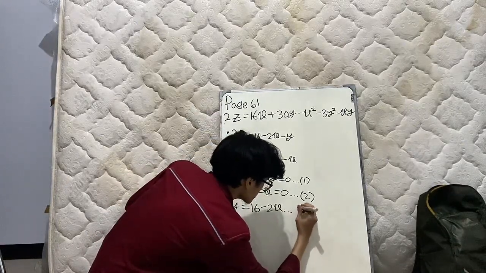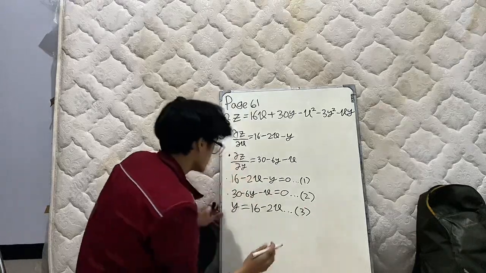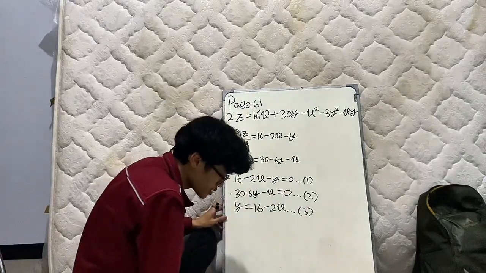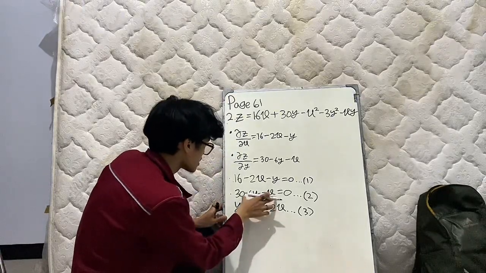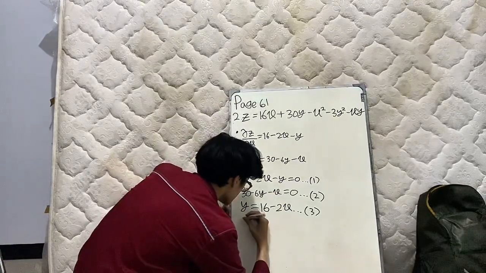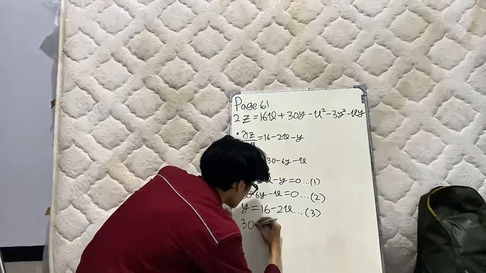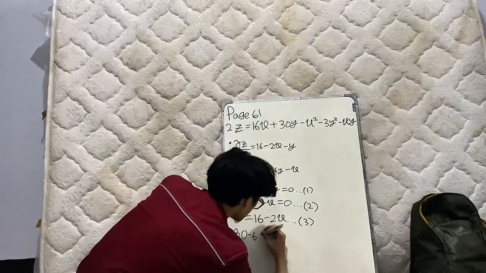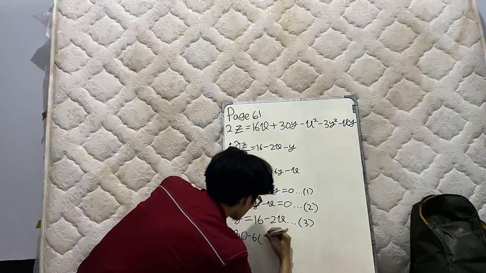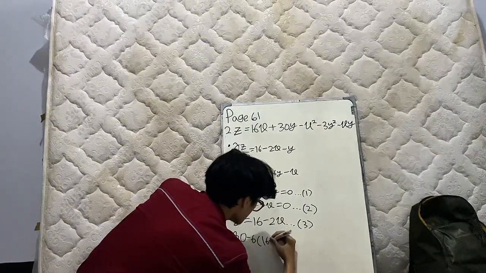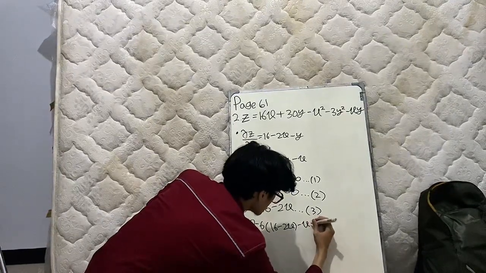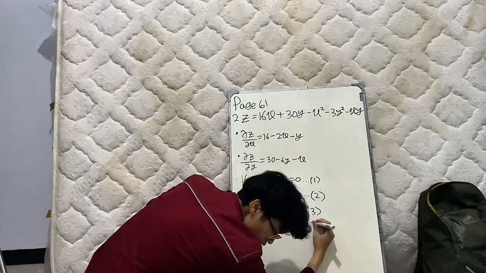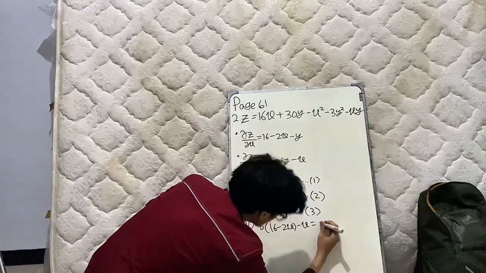This is the third function. From this function, we substitute this third function into the second function. We have 30 minus 6 times (16 minus 2x) minus x equals 0.